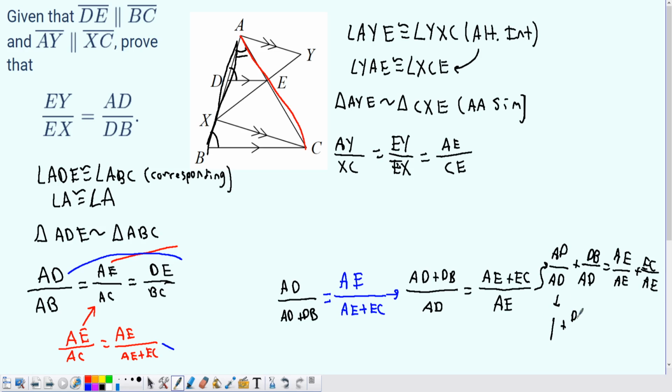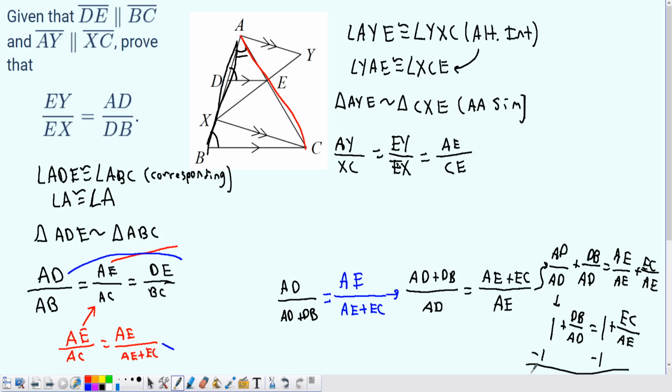And then we have DB over AD equals, same thing, AE over AE is just 1. Then we have plus EC over AE. Now, if I were to subtract 1 on both sides, that would certainly cancel out the 1s.